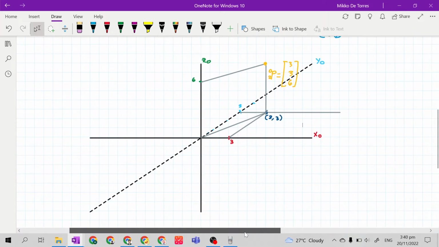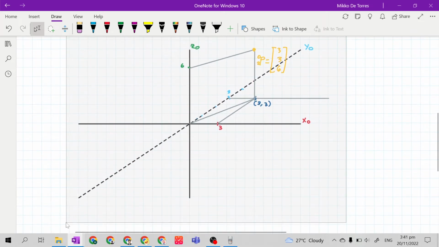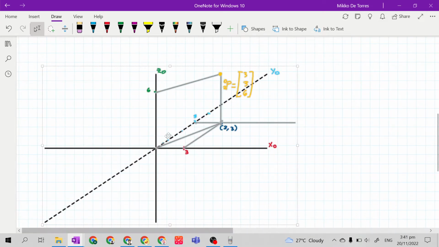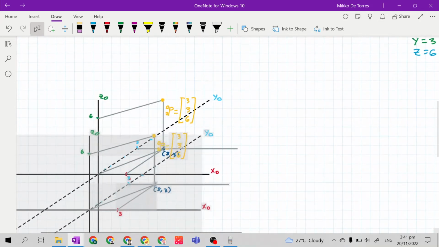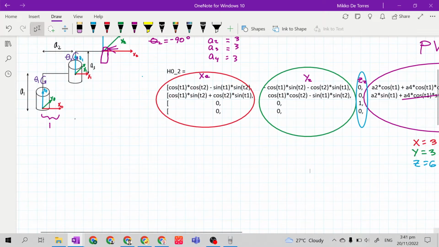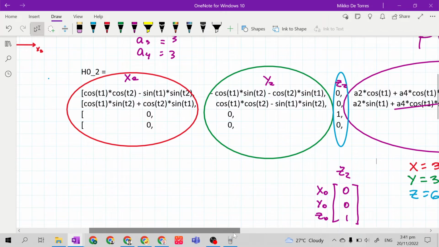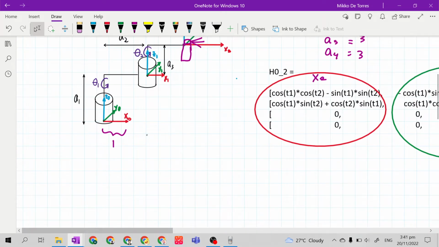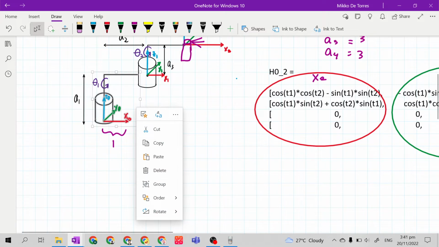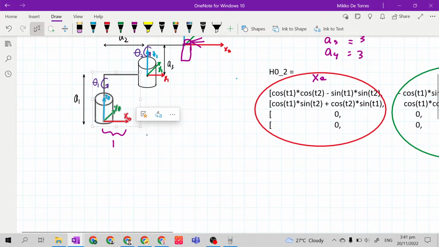let's move this table to the other side. If we put the z sub 2 column in a vector, it shows the projection of z sub 2 to x sub 0, y sub 0, and z sub 0, because our projected frame is the base frame, which is frame 0.